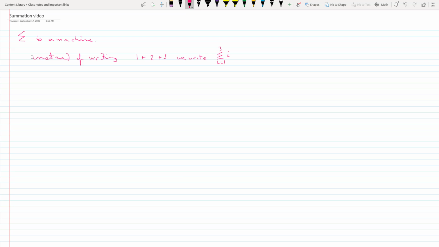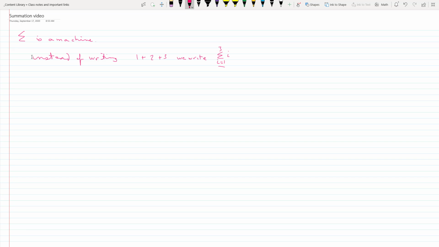Now let's figure out what this actually means. So summation sign, this is your starting point, this is your ending point. So let's take a variation of this. I'm just going to erase that so it doesn't look like a negative 3. This I will always be inside the summation.